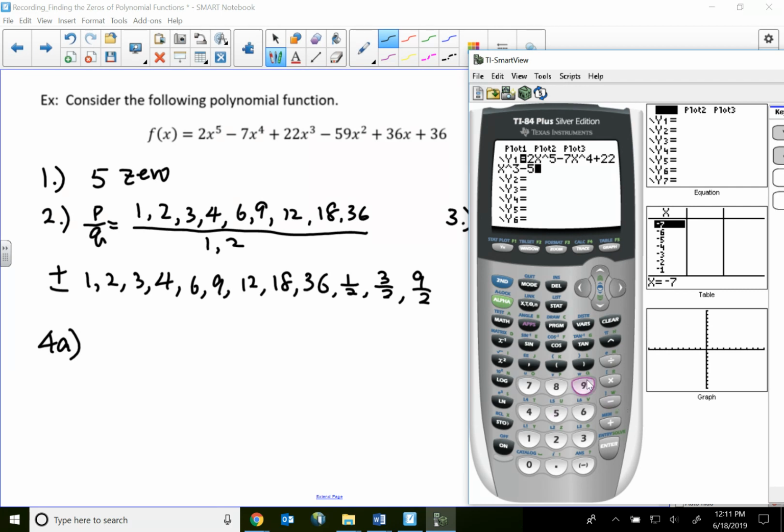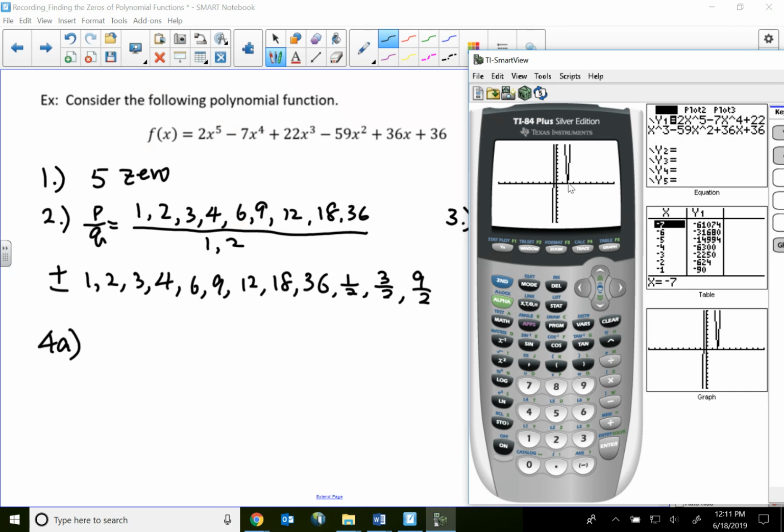Ooh, there's a lot of numbers. 36x plus 36. Okay. All right, let's see what we got here. Looks like it's about 2, right? I know that's a cross. You know what? Let's do -1 to 3. How about that? Let's look. I think that's about what I'm seeing here.